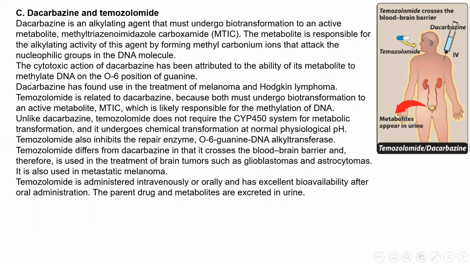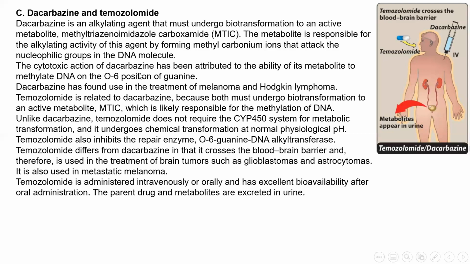The cytotoxic action of dacarbazine has been mainly attributed to its ability to alkylate DNA at certain sites, in this case the O6 position of guanine, and this leads in general to methylation of DNA.